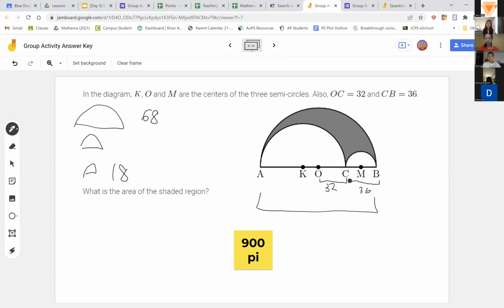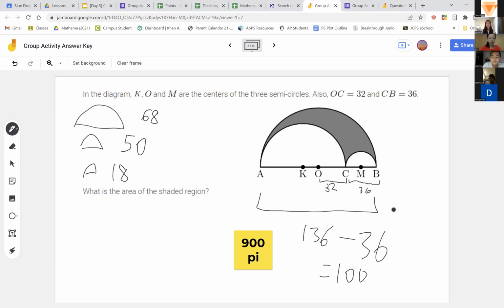And then from that, we're going to subtract this end here, because that will give us the diameter of the medium semicircle. So 136 minus 36 is 100. That means the diameter of this one is 100, which means that the radius is 50.